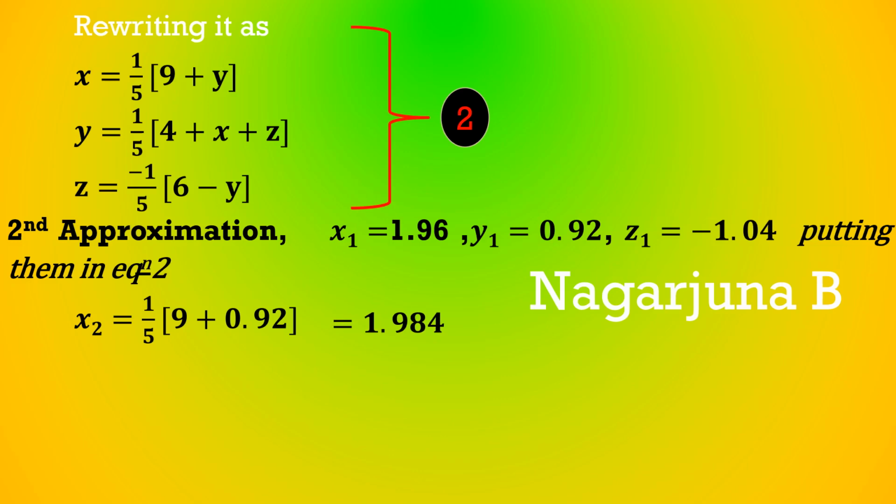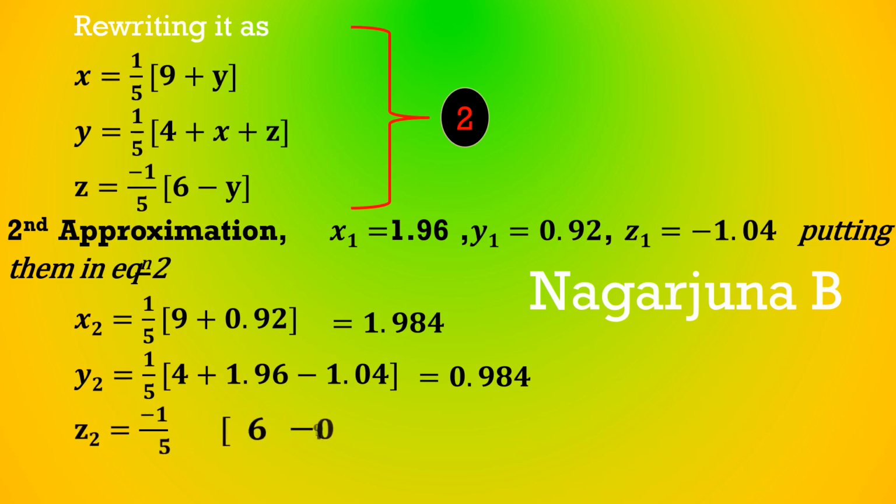The next, y2 is equal to 1 divided by 5 into 4 plus x value 1.96 and z value minus 1.04. In the calculator, open the bracket, 4 plus 1.96 minus 1.04, close the bracket, divided by 5, and that answer is 0.984. The next, z2 is equal to minus 1 divided by 5 into 6 minus y, which is 0.92.